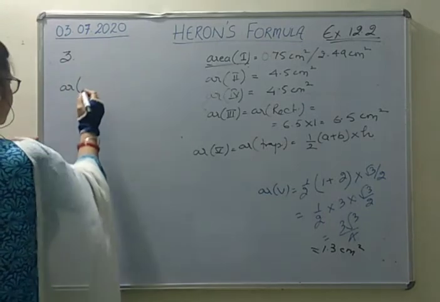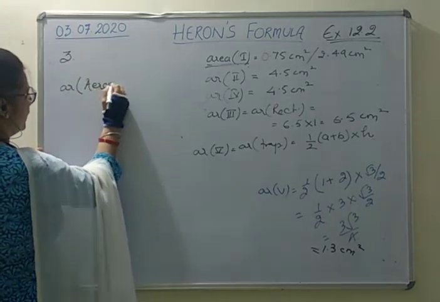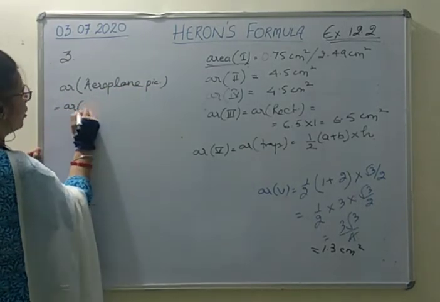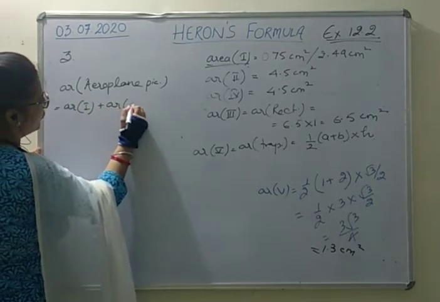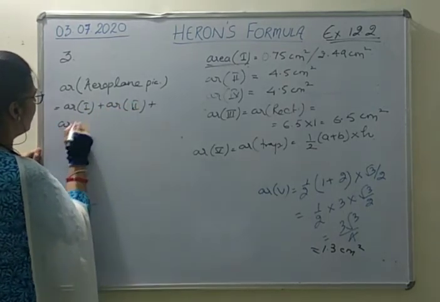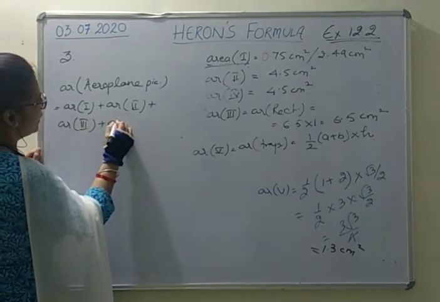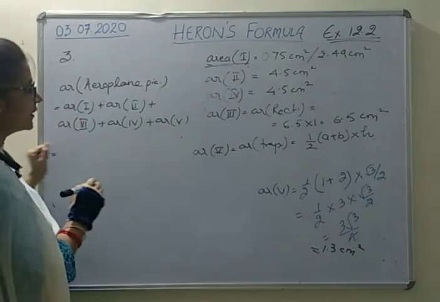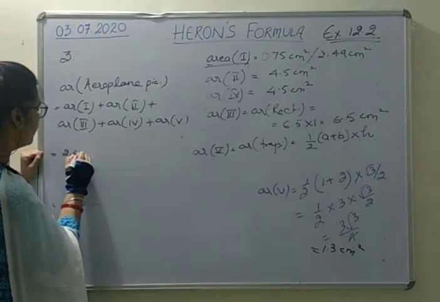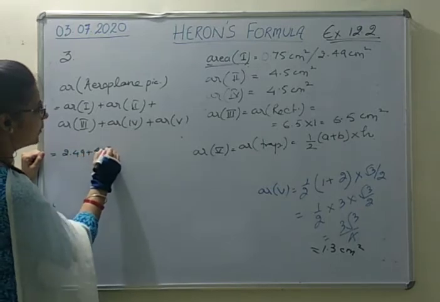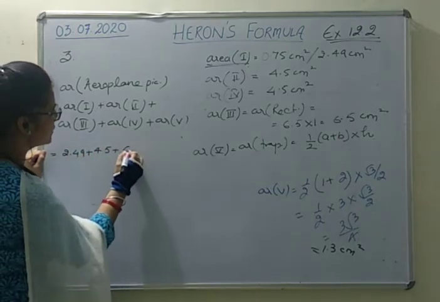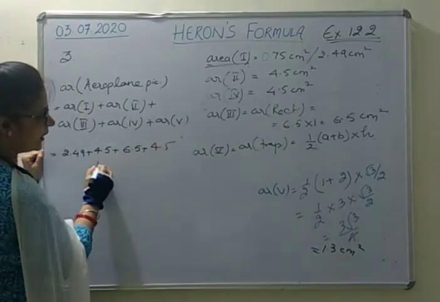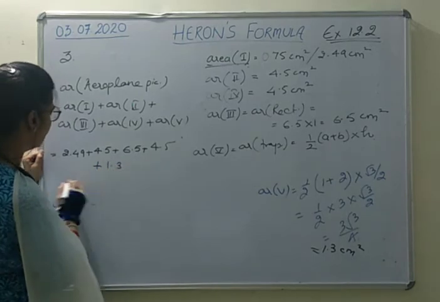Area of aeroplane picture will be area of 1 plus area of 2 plus area of third portion plus area of fourth portion plus area of fifth portion. तो कितना आ गया फर्स्ट पोर्शन का 2.49 plus 4.5 plus third is 6.5, then fourth is again 4.5 and the fifth portion is 1.3.